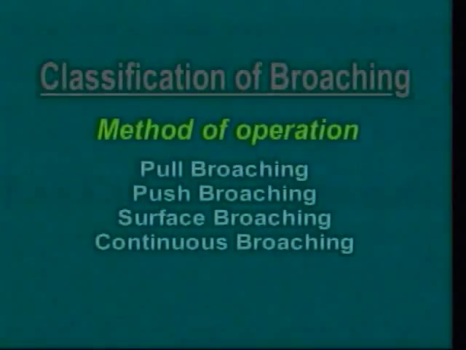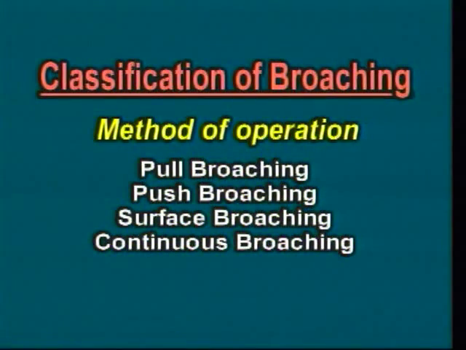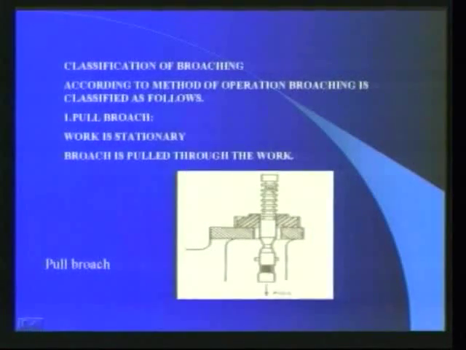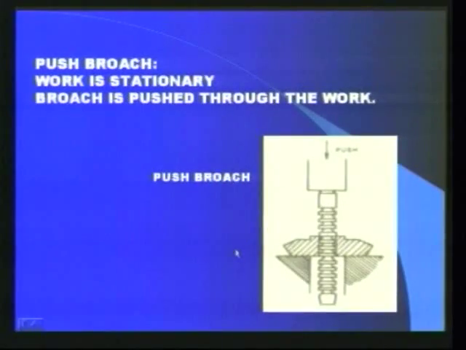Now we discuss the classification of broaching. Broaching is classified according to method of operation as follows. First one is pull broaching, push broaching, surface broaching and continuous broaching. In pull broaching, the work is stationary, and the broach is pulled through the work as shown in the figure. Next one is push broaching. Here the work is stationary, and the broach is pushed through the work.